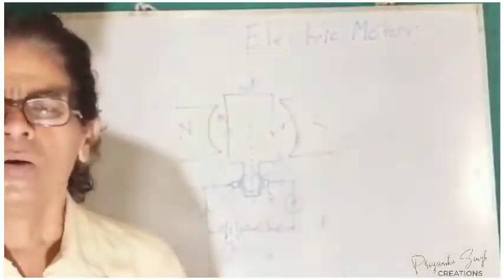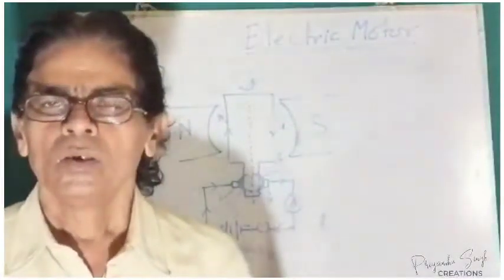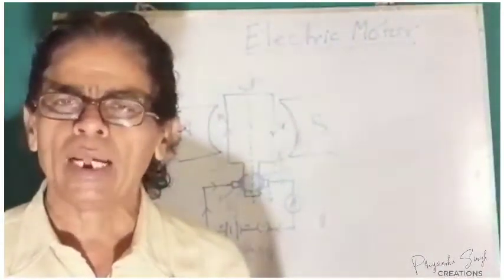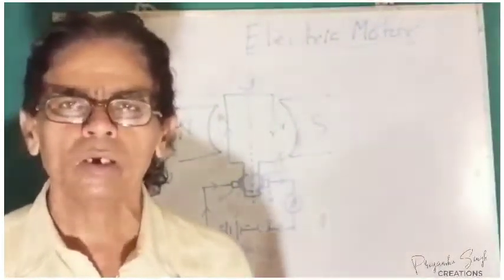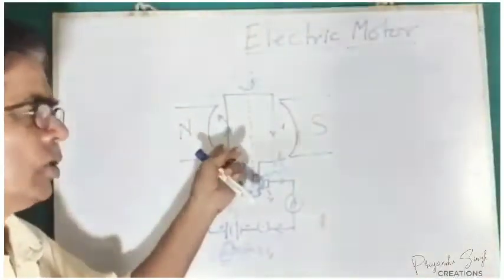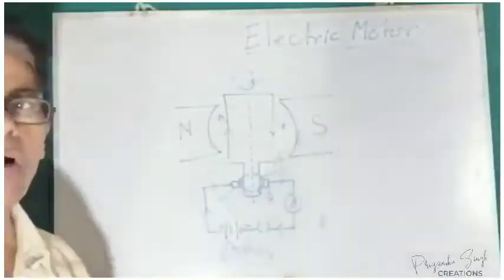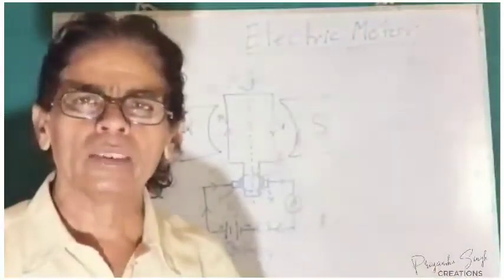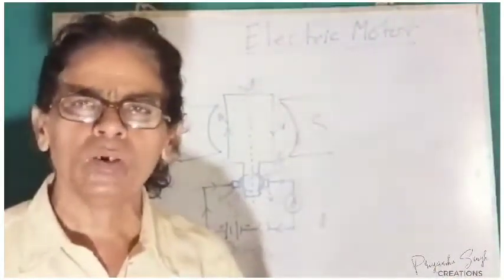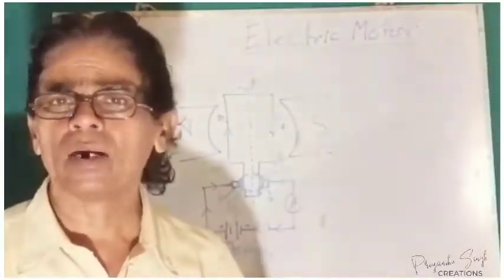So this is how a motor works. A motor is an electrical device in which mechanical energy is generated due to the interaction of the magnetic field and the magnetic field developed by the current carrying conductor.